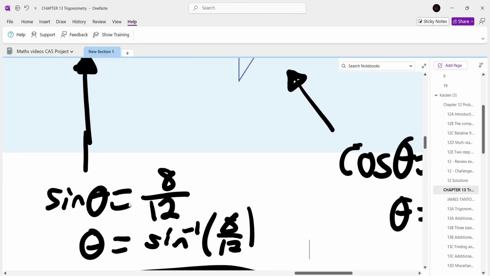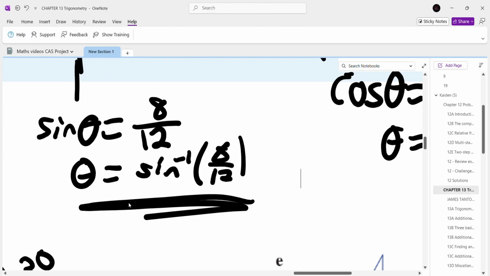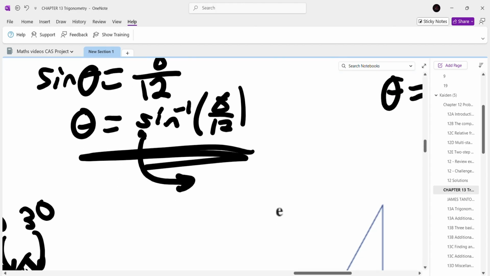Alright, so I've got my little calculator out right here, and I'm just going to plug this in. The inverse sine of 8 over 12, which obviously you just need to use the inverse sine when calculating these, in degrees specifically.